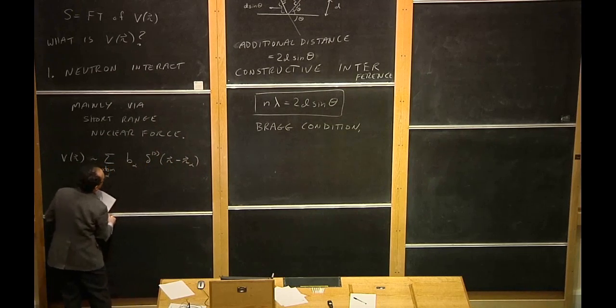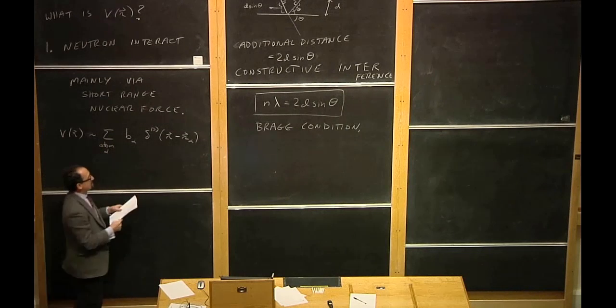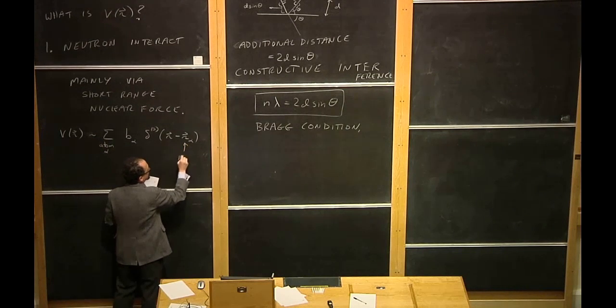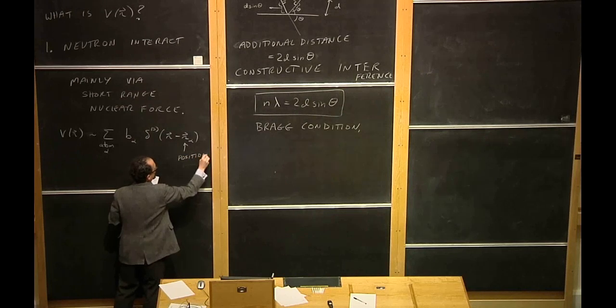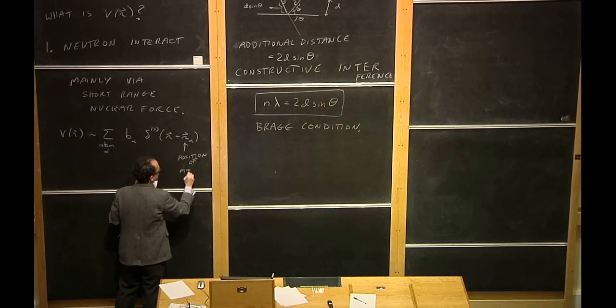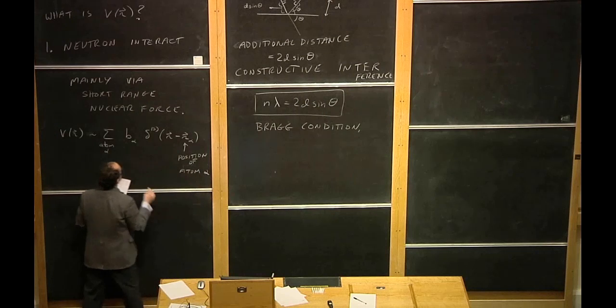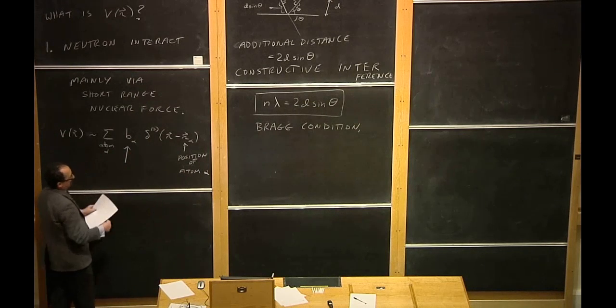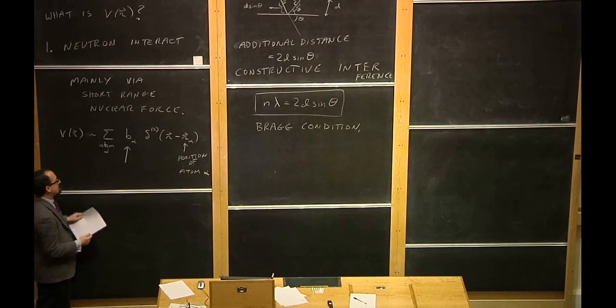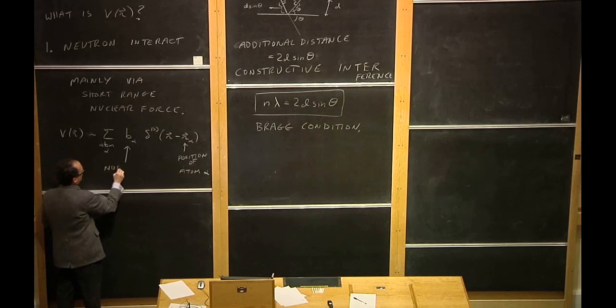So basically, every nucleus, where r alpha is the position of atom alpha, and B alpha is the magnitude of the interaction with that nucleus. It's known as the nuclear scattering length.